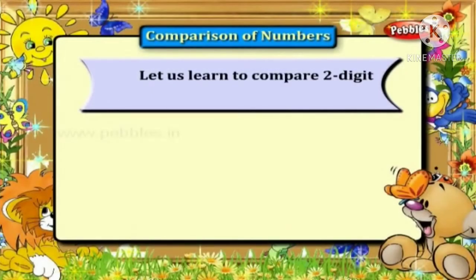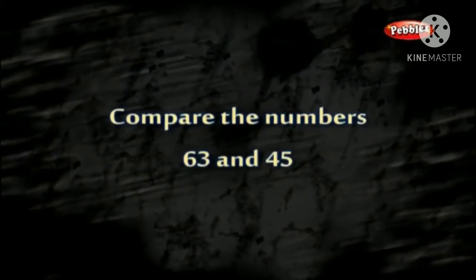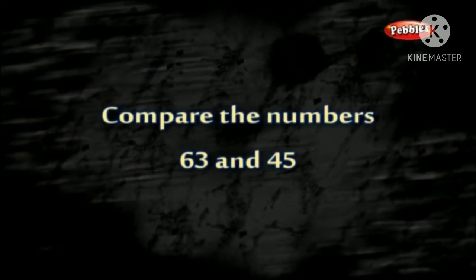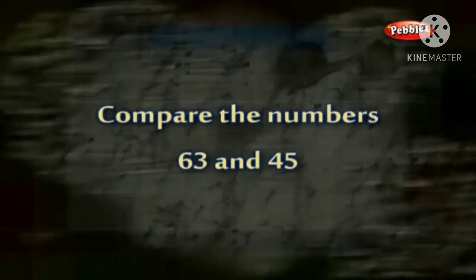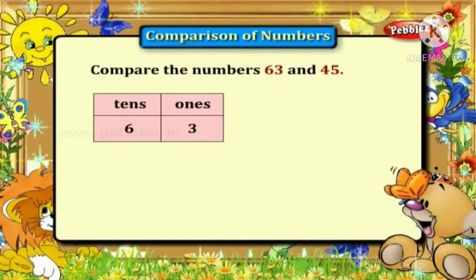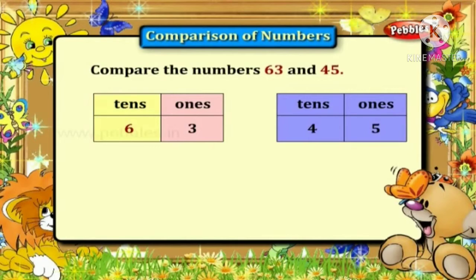Let us learn to compare two-digit numbers using their place value. Compare the numbers 63 and 45. In 63, 6 is in the tens place, and in 45, 4 is in the tens place.